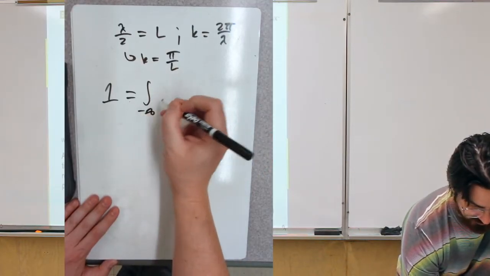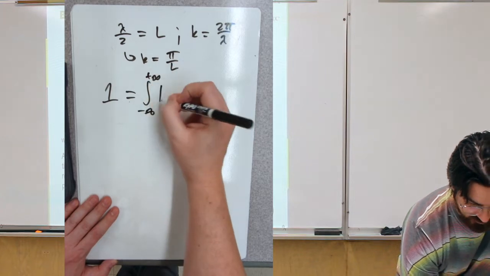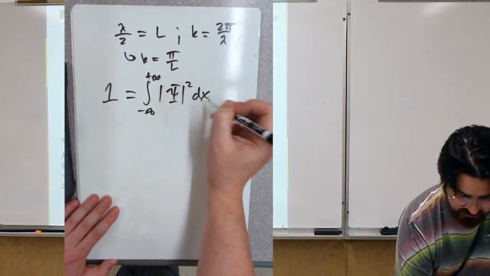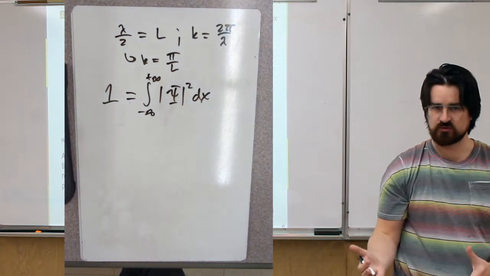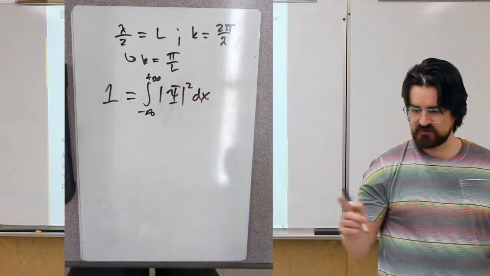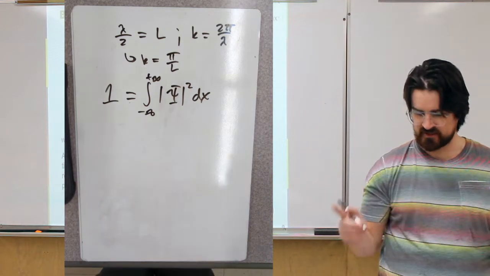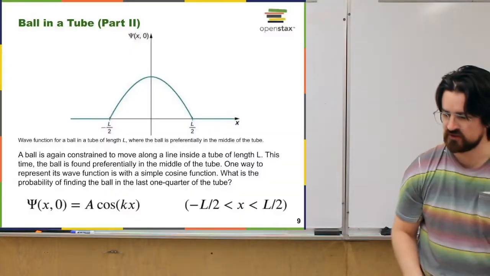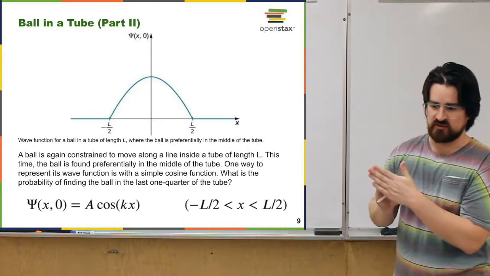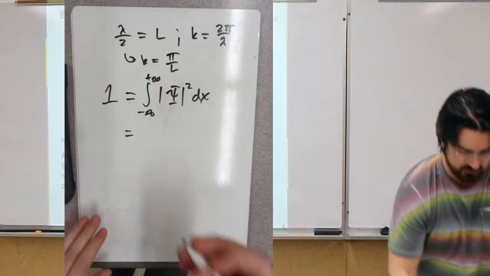Remember, if I integrate the magnitude squared of this wave function over all x, I should get 1. That's the normalization condition. So we're only talking about the position, we're only talking about x. In this case, the wave function is going to be 0 everywhere but within minus L over 2 to L over 2.